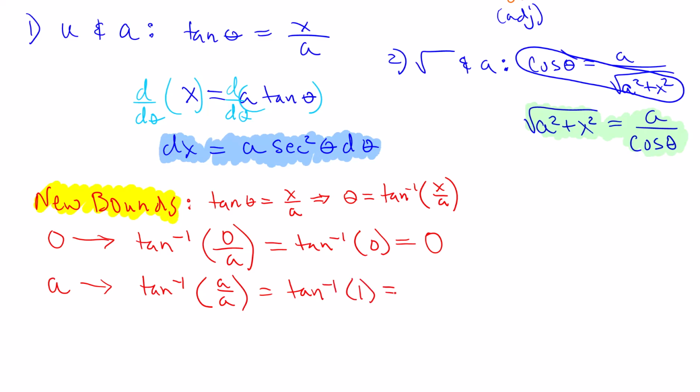Again, go back to some trigonometry. Tangent is equal to 1 at pi over 4. So the old bound of a is actually going to turn into a new bound of pi over 4. Okay, and so we'll use that for the integral when we start to reset and substitute everything in.